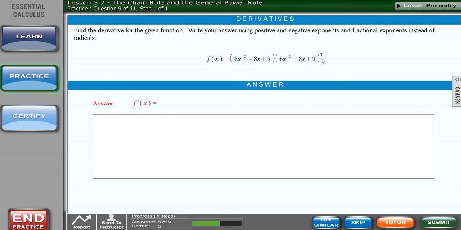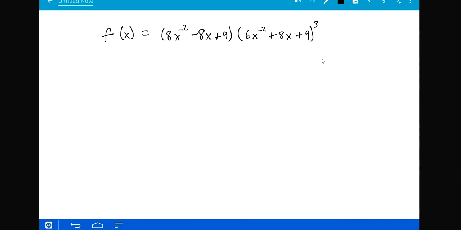You would call 8x to the negative 2 minus 8x plus 9 as first, and 6x to the negative 2 plus 8x plus 9 raised to 3 as second. So all this is first, all this is second. Leave yourself some room here because this is again a bigger function.